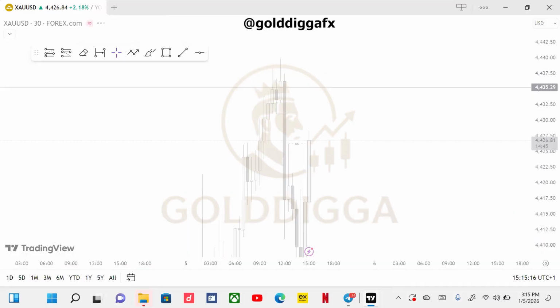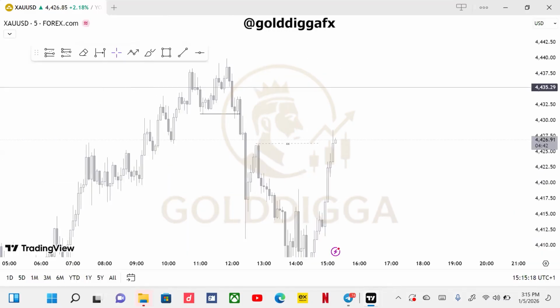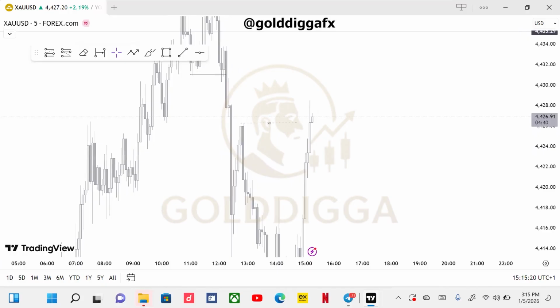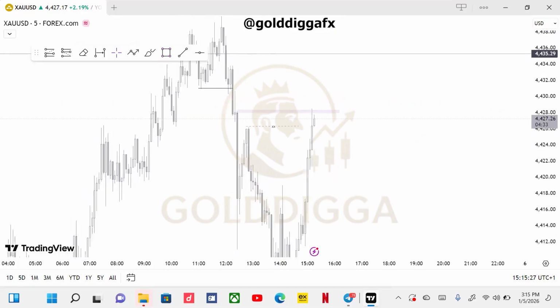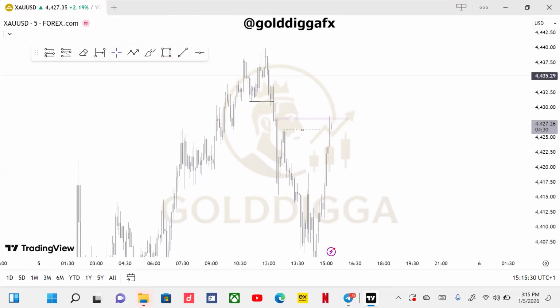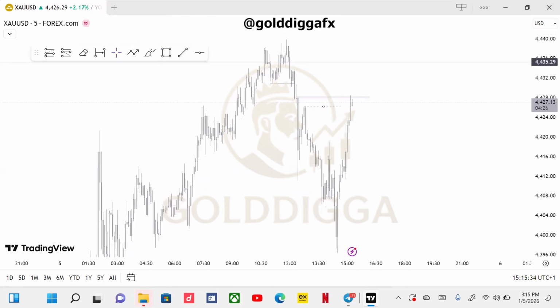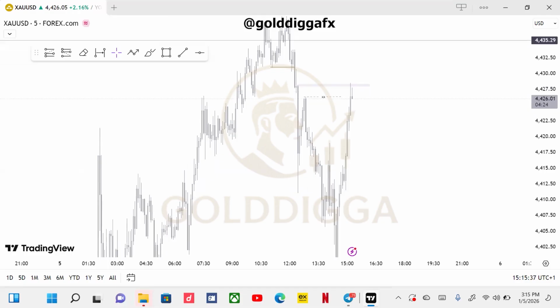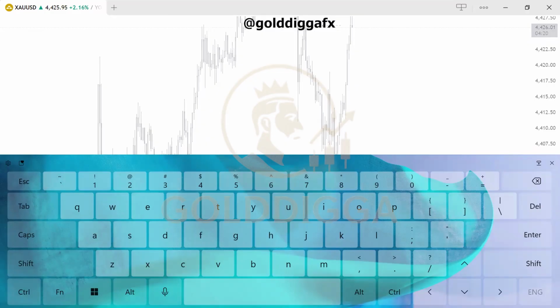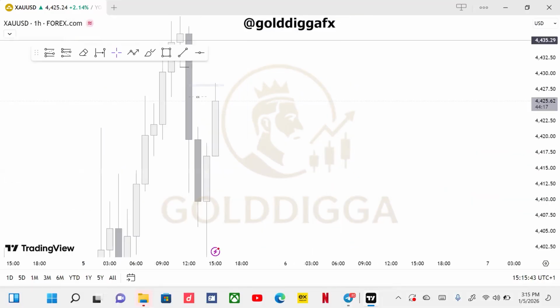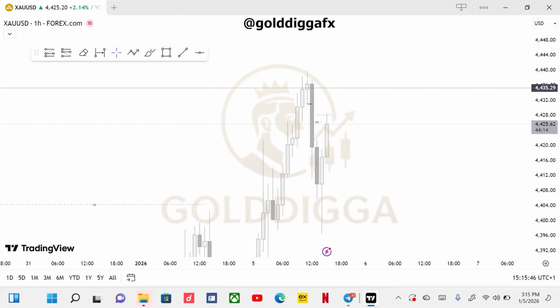That's all. And then this is the New York session as well. So on the 5 minute time frame, we had this. You can use this as your entry point, whatever. This is also a very, very good trade, if you get me, but I don't want to take a trade right now. I'm just watching it.